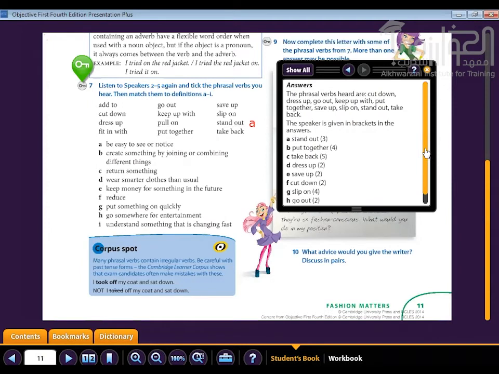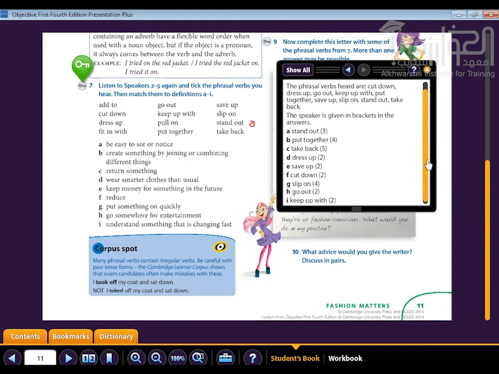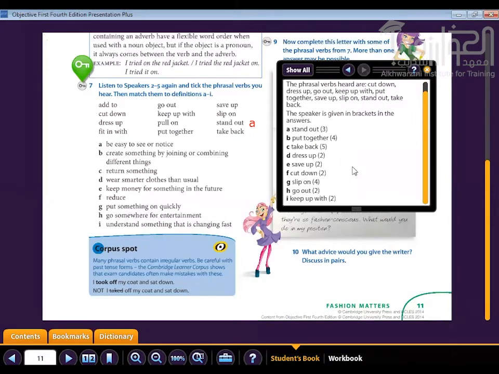We have A, B, C, D, E, F, G, H, and I is down here. So yes, you can now see all the answers. A is stand out. So B is put together. That is to create something by joining or combining different things. Means you put them together. That is it. Okay.